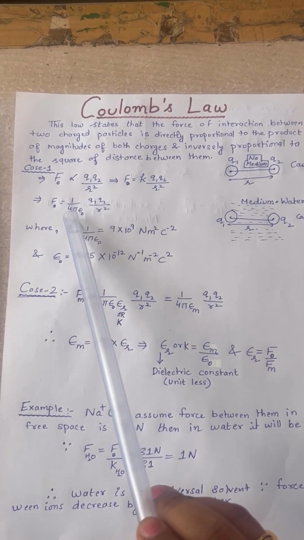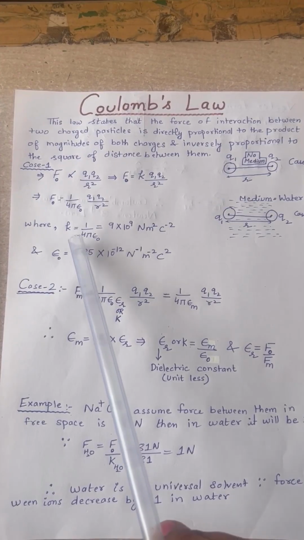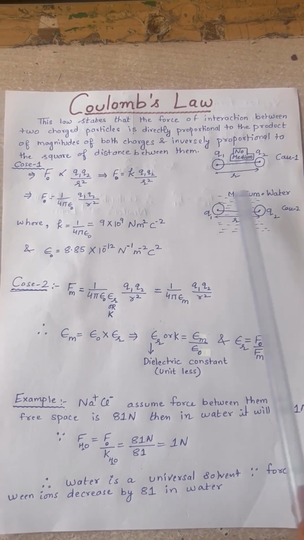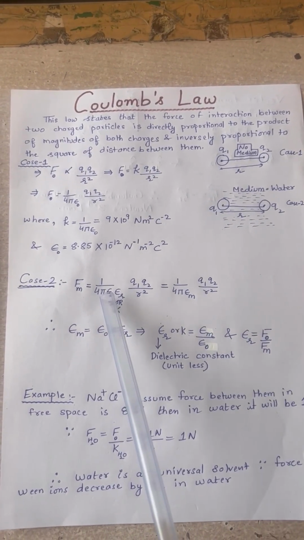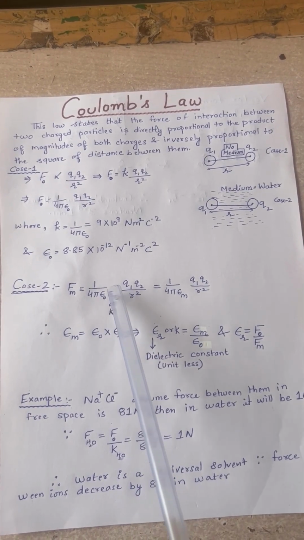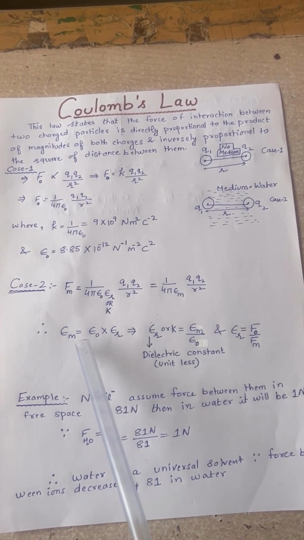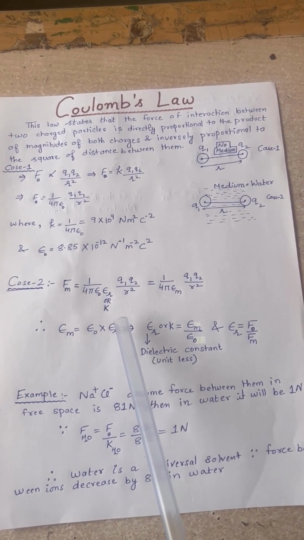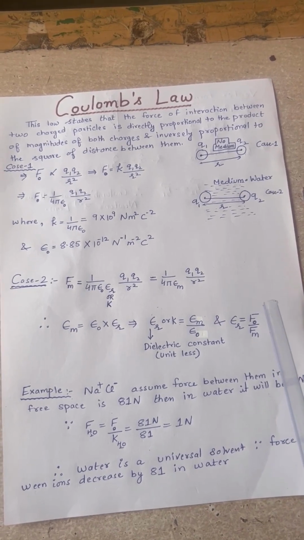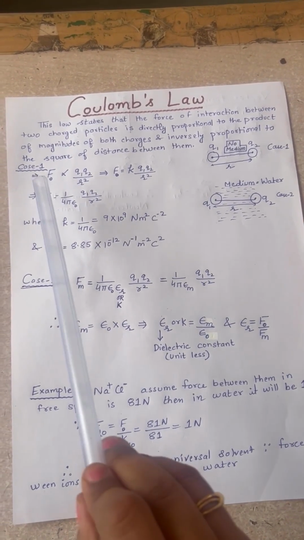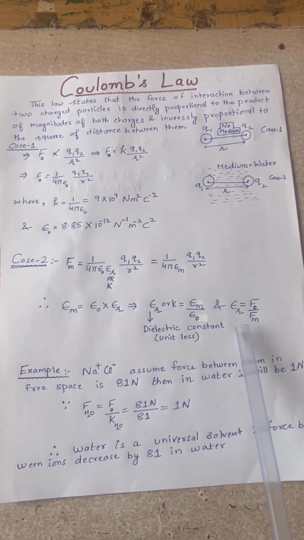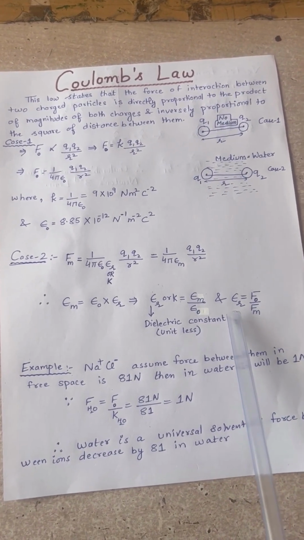Then the formula will be small k q1 q2 by r square, where small k is a constant of proportionality. And if the medium is introduced between two charges like water, then the formula will become 1 by 4 pi epsilon naught, and one new term, capital K or epsilon R, is multiplied with that epsilon naught. That epsilon naught and epsilon R make a term epsilon M, where epsilon R is dielectric constant and having two different formulas as shown.